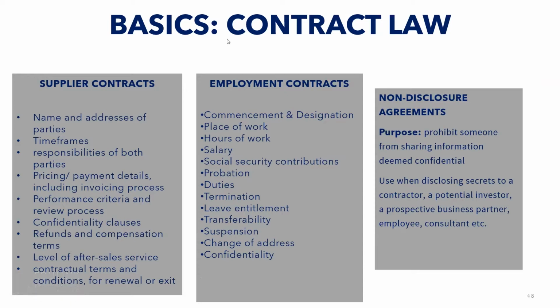Or if it's, let's say, a supplier making particular software developments for you, then as and when you need upgrades done to your software, what's the level of service, what are the rates we are looking at, things like that. So you can also look at ways of renewing your contract or also exiting.